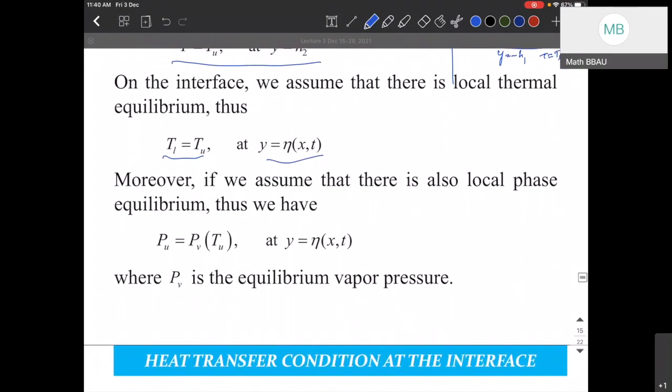Now, velocity depends on temperature, and from the momentum equation pressure depends on velocity, so definitely pressure will be a function of temperature, and then PV, where PV is the equilibrium vapor pressure.